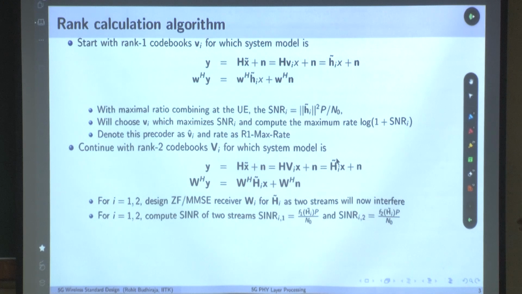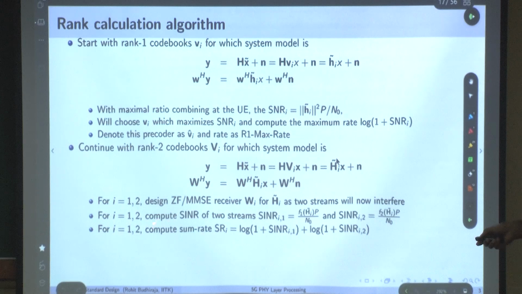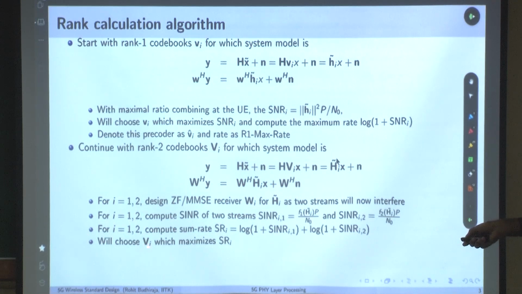Then what happens after that? It computes the sum rate using precoder 1 and precoder 2. Then from this, it will choose the precoder Vi which maximizes the sum rate in this case. That's also done, exactly the same as what we did for rank 2 precoding in the last class.